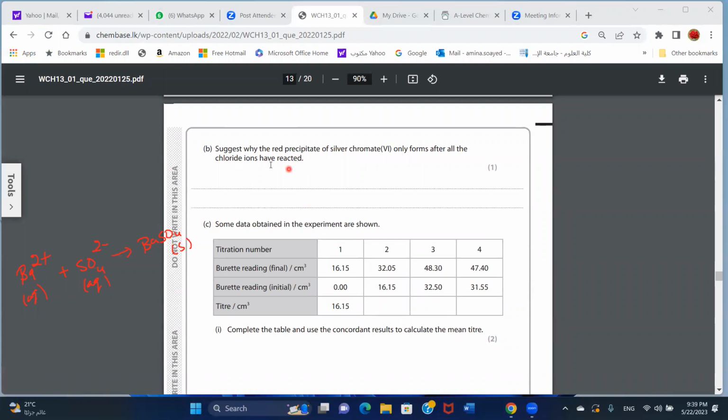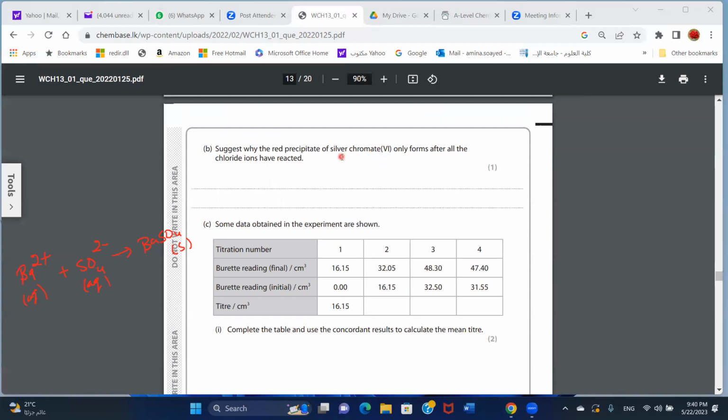Okay, here we have to say that the silver chromate is more soluble, not more reactive, but the silver chromate is more soluble than the silver chloride. That's why the silver chloride precipitated first. It is less soluble than the silver chromate. The silver chromate is more soluble.